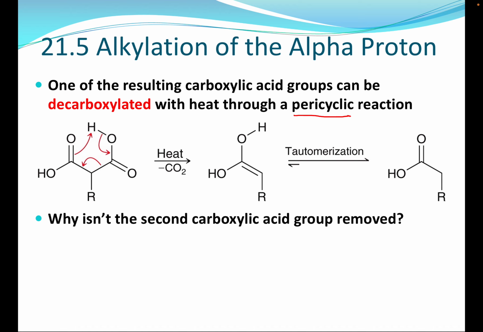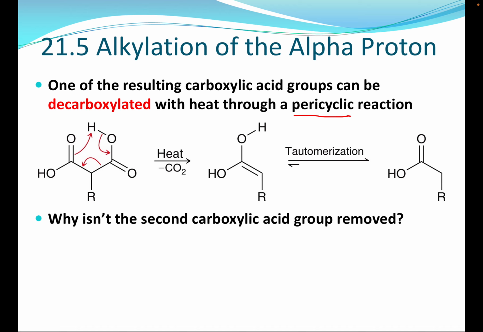It involves breaking and forming new bonds. So what we see here is we've kind of taken advantage of free rotation and made it so that the hydrogen from one carboxylic acid is actually very close to the carbonyl of the other carboxylic acid on this diacid.